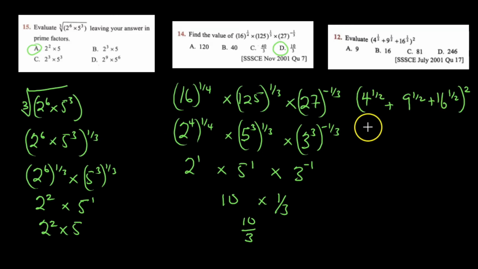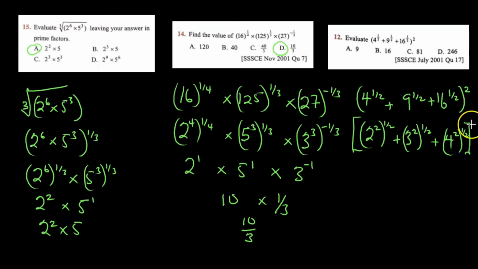Now 4 to the power half, we can write 4 as a base of 2. So we have 2 to the power 2 all to the power half, let me put it in square bracket, plus 9 can also be written as a base of 3. So 3 to the power 2 all to the power half, plus 4 to the power 2 all raised to the power half.